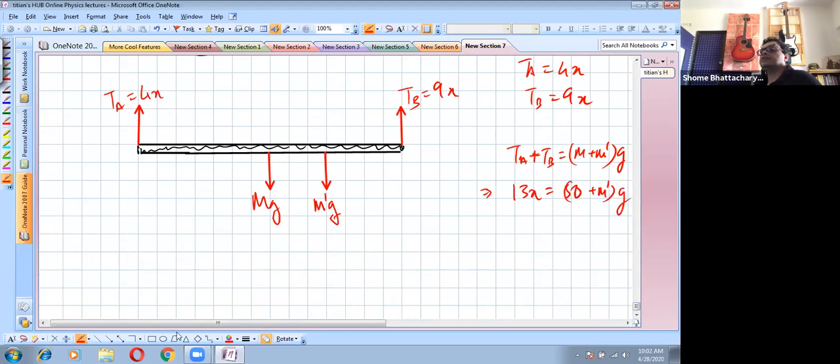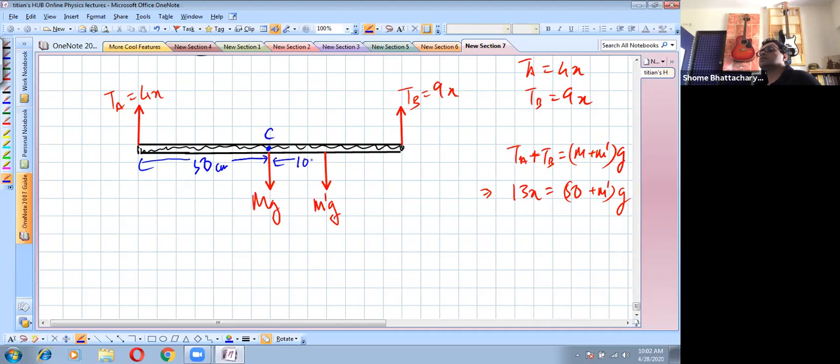Okay, and you can do torque balancing now. The rod's length was 100 centimeters, so this is 50 centimeters. This is the midpoint of the rod.